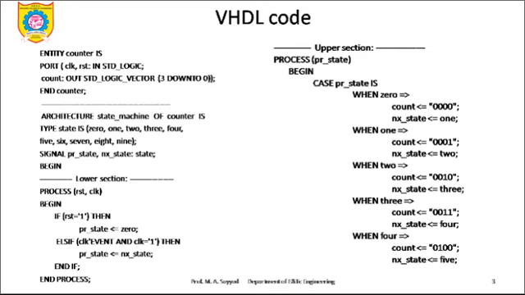And it is a BCD counter, hence there will be four outputs. The count out is declared as a std_logic_vector 3 down to 0. End entity counter.